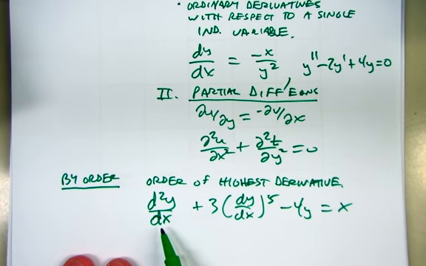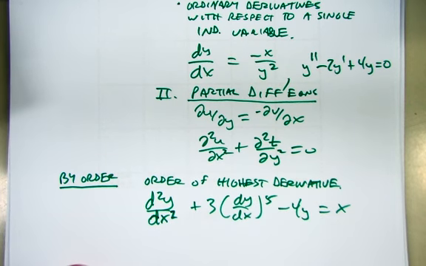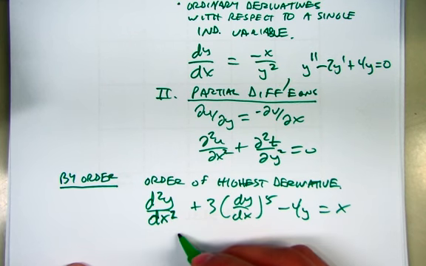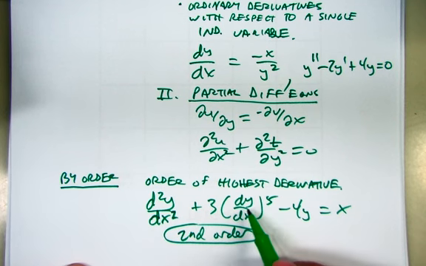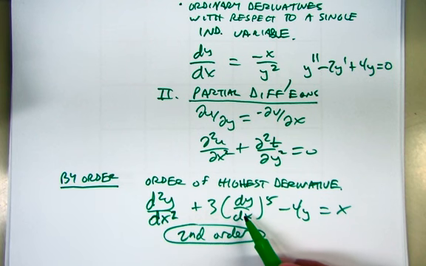This first one is what order? And this middle one here is first order. So what order is this? Second order. Okay, so even though we have this fifth power here, we actually pay attention to the order of the derivative that has the exponent attached to it. So this would be a second order differential equation.